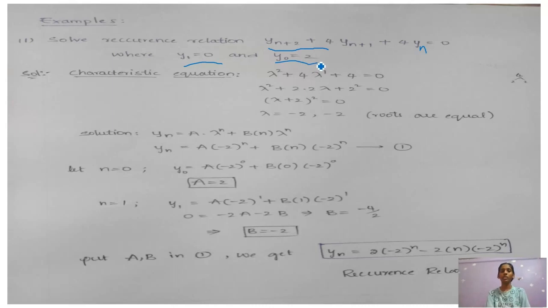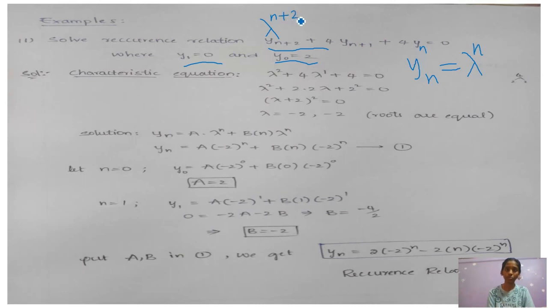So the first step in any question that is given is to take yn as lambda power n. So we'll be taking yn as lambda power n. What will the given equation become?